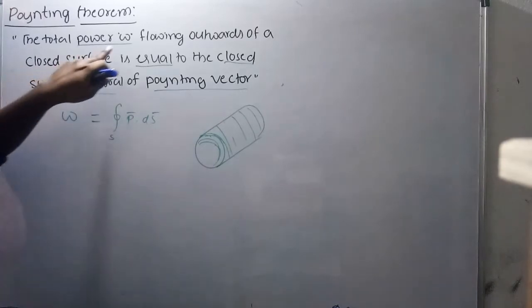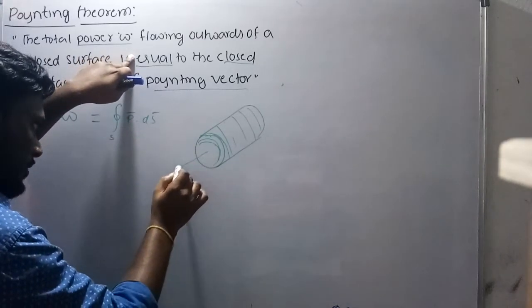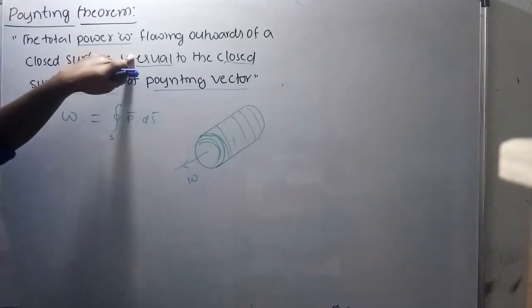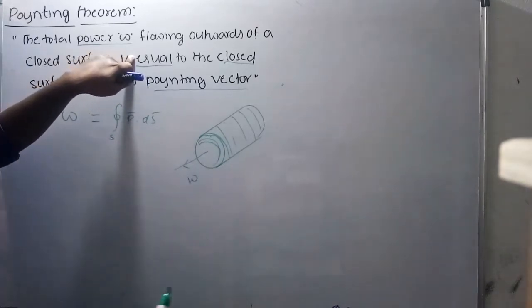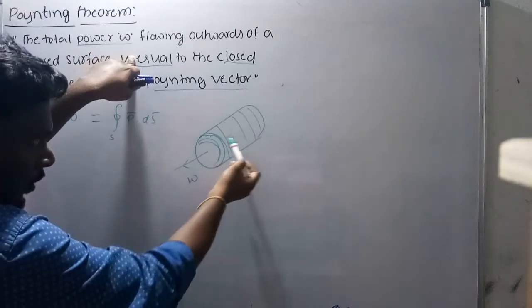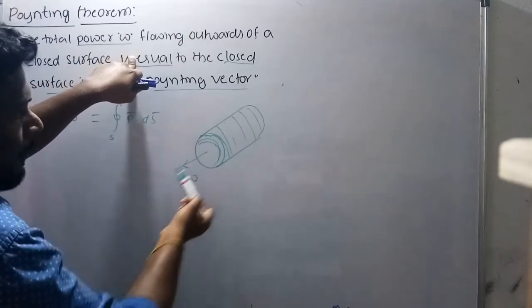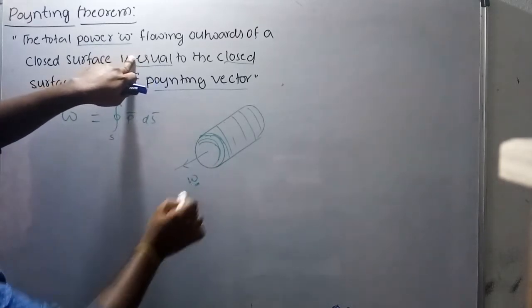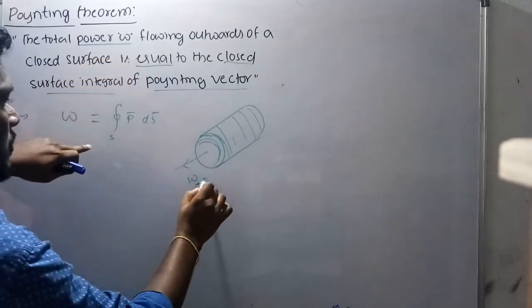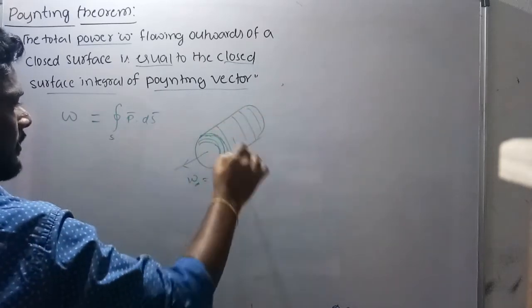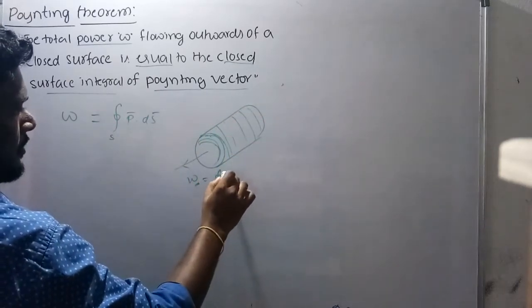Okay, so the power flowing outwards means the power which is coming outwards from the closed surface area. If you assume that the outward flow of power from the closed surface area is W, okay, it equals the closed surface integration of the Poynting vector.